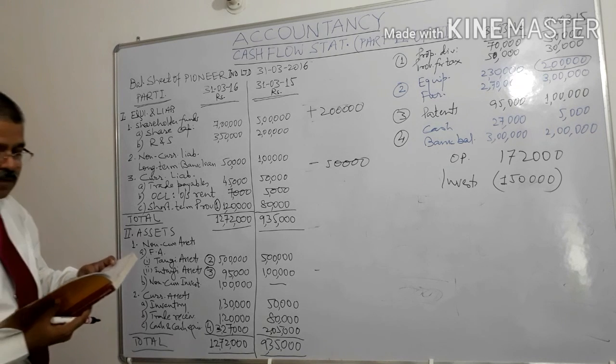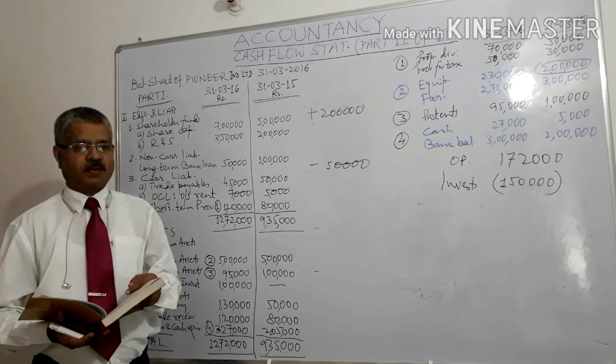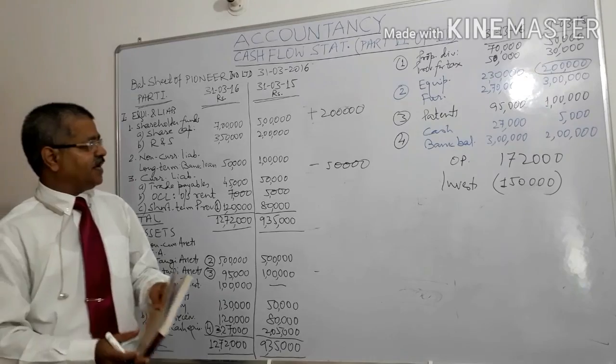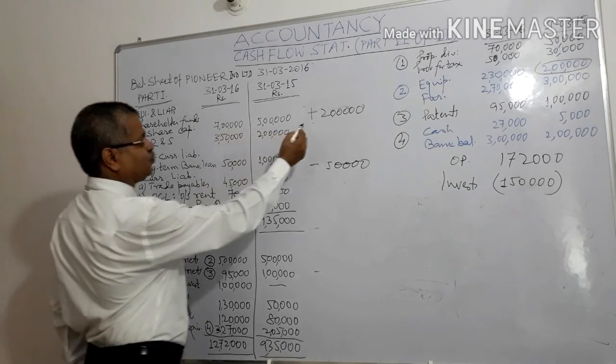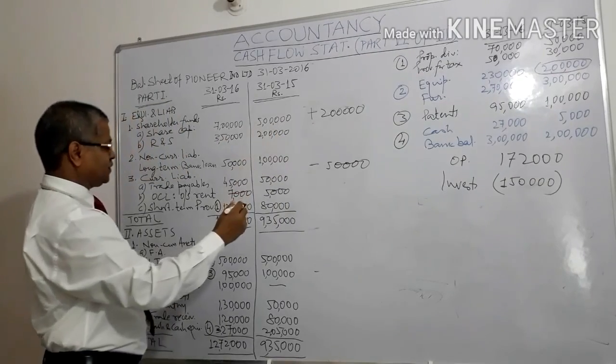Minus 50,000, and so under financing activity, share capital has increased by 2 lakhs from 5 lakhs to 7 lakhs.